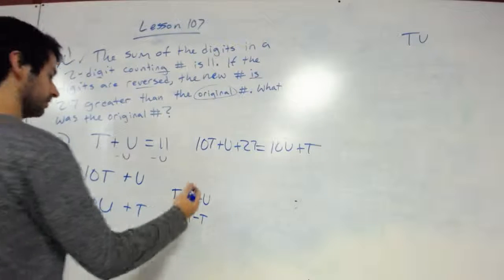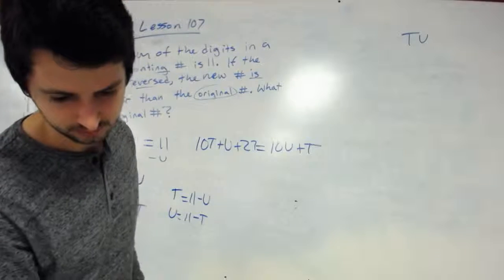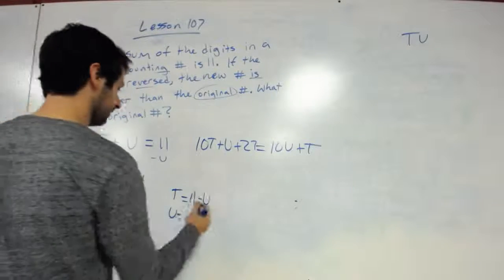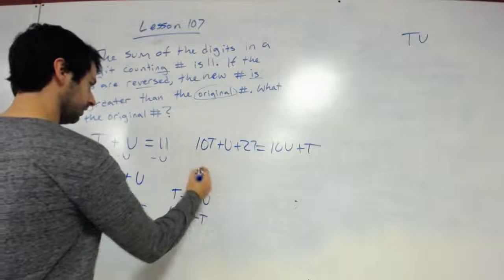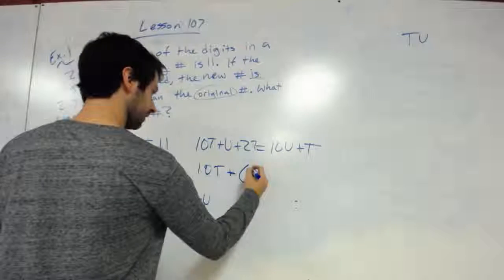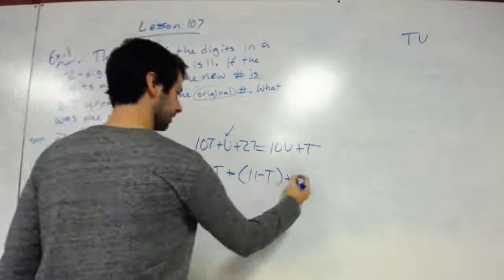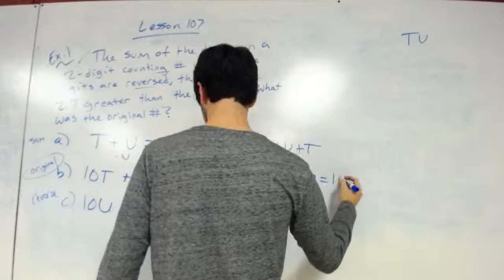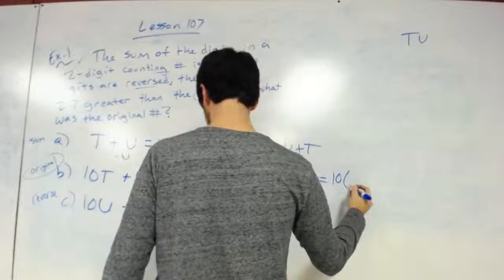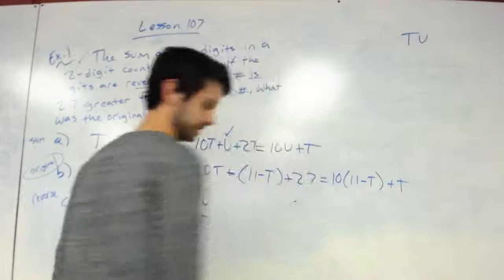They left 10t plus 11 minus t. We plugged in for this u, plus 27 equals 10 times 11 minus t plus t.